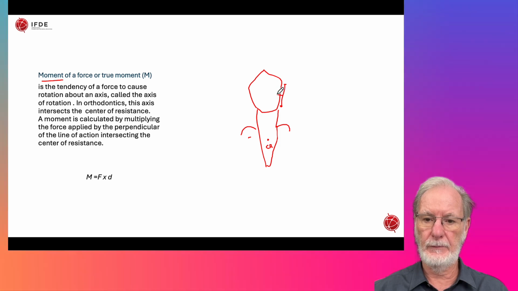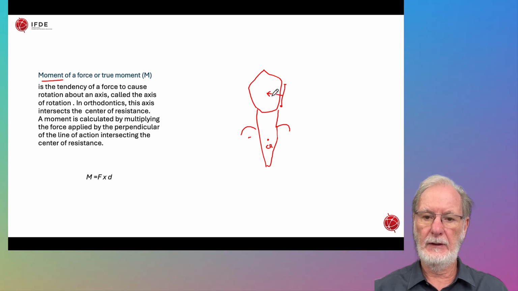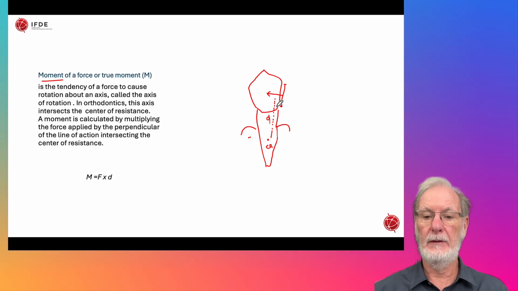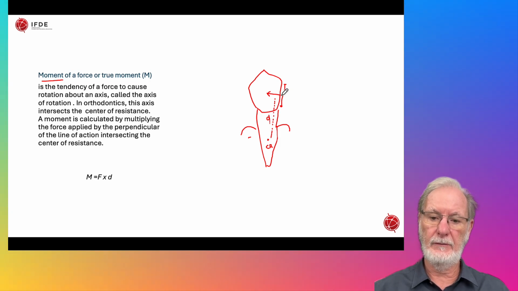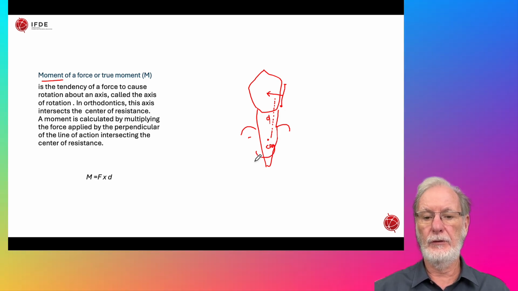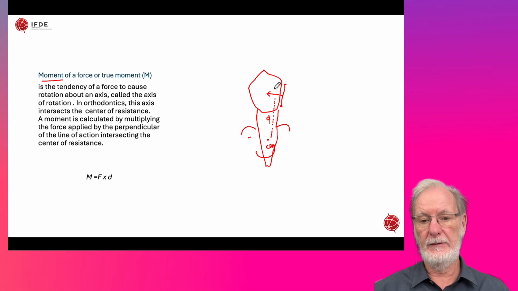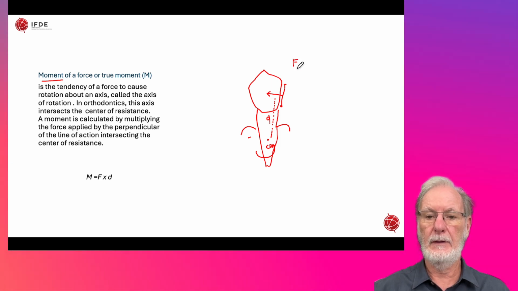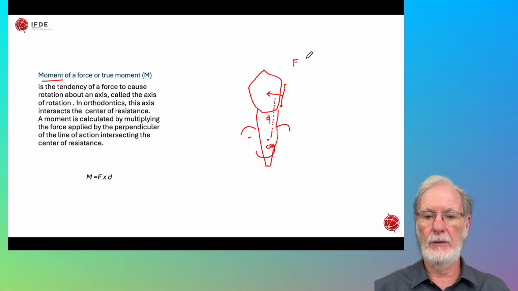There will be a force, a push, and this force will be at a distance, as we all know, from the center of resistance, distance D, and this distance will create a moment, which is a rotational movement. So the tooth will be, in this case, tipping, because you will have a force and a moment.